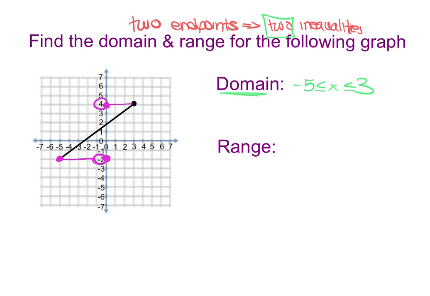And what I notice is that the graph uses all of these y values that are between -2 and 4. So I can leave it as a vertical number line if I want. I can also turn it horizontal if I want. But here I have -2, I have 4. I notice I'm starting at -2 and going up to 4. If you want to label some numbers in between, there's your 0, 1, 2, 3.